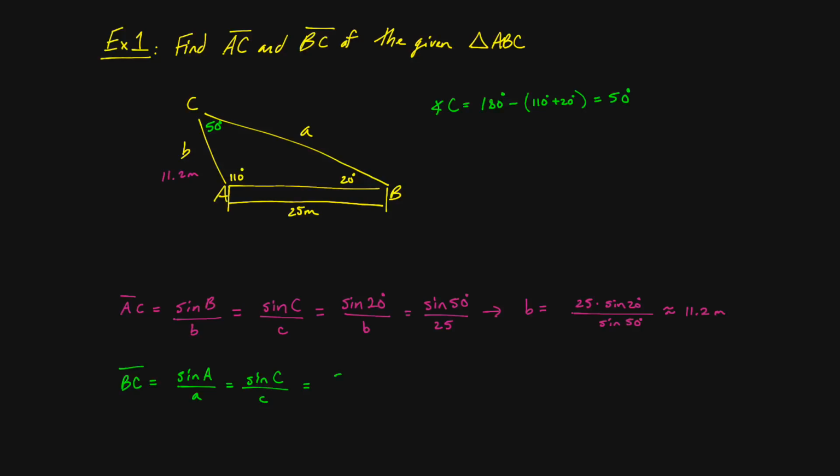Let's plug this in. Sine of A is going to be 110. This is your obtuse angle. So sine of 110 over A is equal to sine of 50 over 25. We reorganize like we did before. A is now equal to, with cross multiplication, 25 times sine of 110 degrees over sine of 50 degrees.